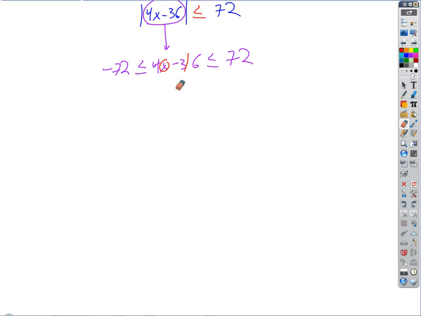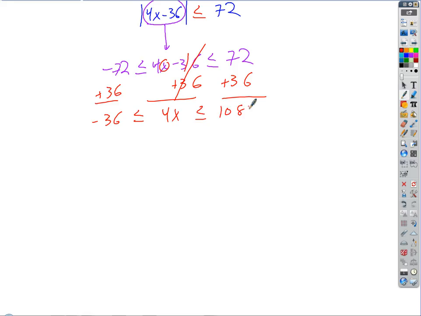Let's try this again. I should have added 36 to each part. So that gives me 4x in the middle, negative 36 on the left, and positive 108 on the right.